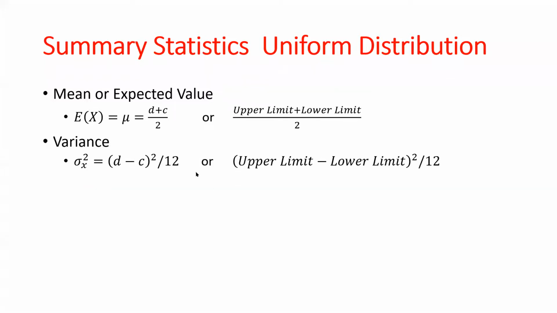So the other one is the variance, which is not as intuitive. It's just the range of possible values squared divided by 12.